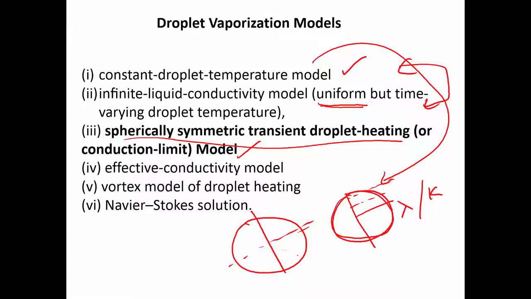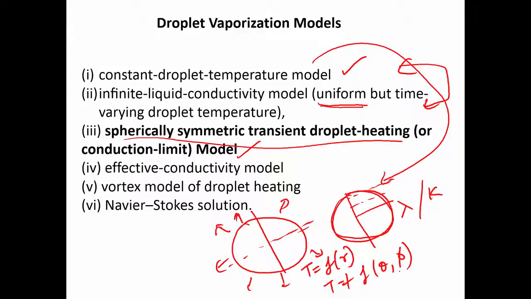The temperature will be a function of r, but it is still spherically symmetric, meaning it is isotropic in nature. Temperature is not a function of theta or phi, so there is no azimuthal variation. That is called the spherically symmetric transient droplet heating model.